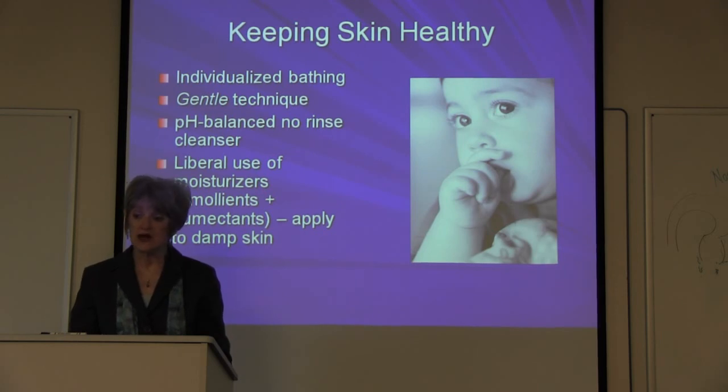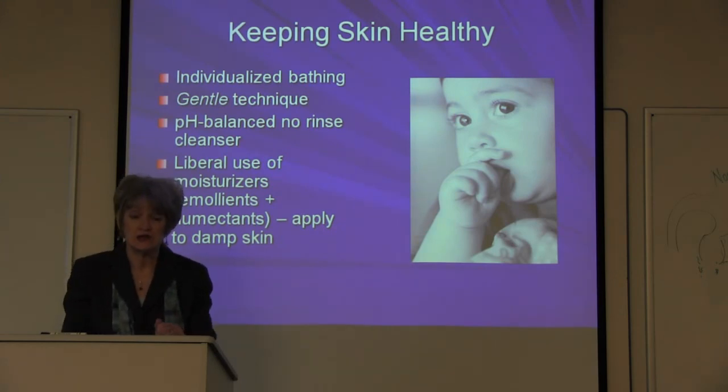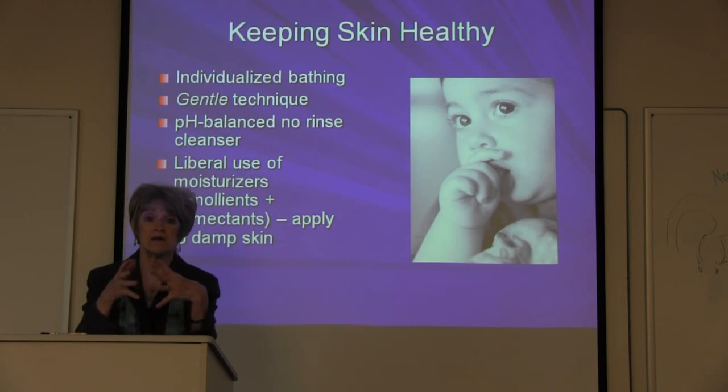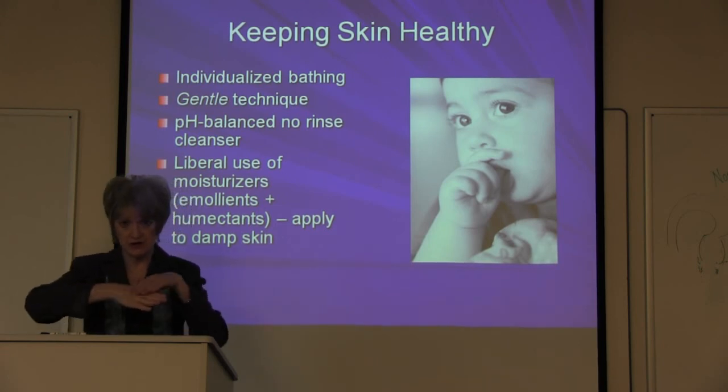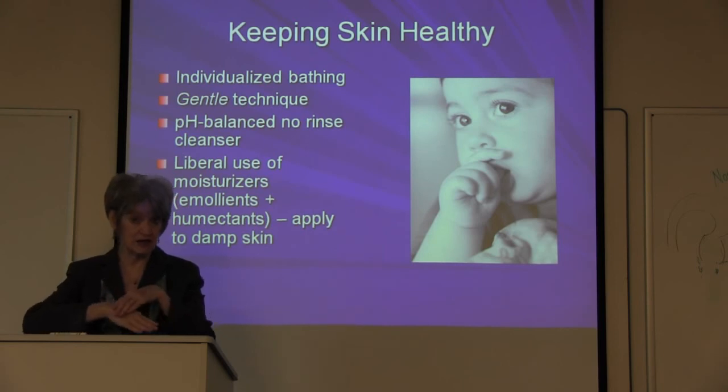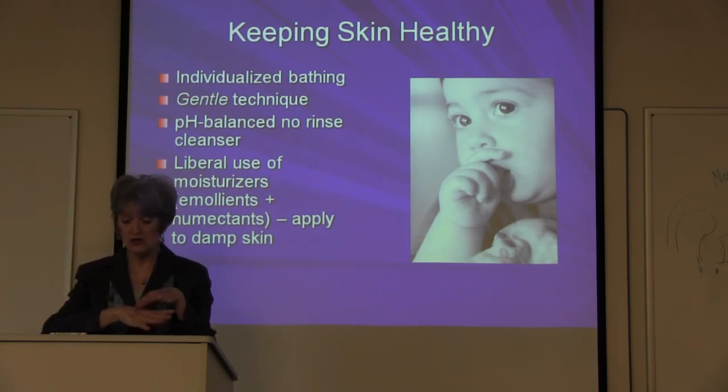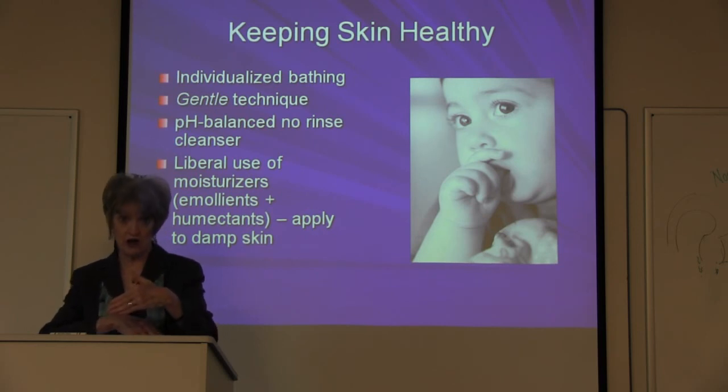Now, I want to mention dimethicone specifically. We're going to come back and talk about that again when we talk about moisture barriers. Dimethicone is a component of many of our skincare products. It effectively penetrates, it fills the gap between the cells. It also creates just a thin film on top of the skin, as many of your moisturizing products do, and that film retards the rate of water loss.